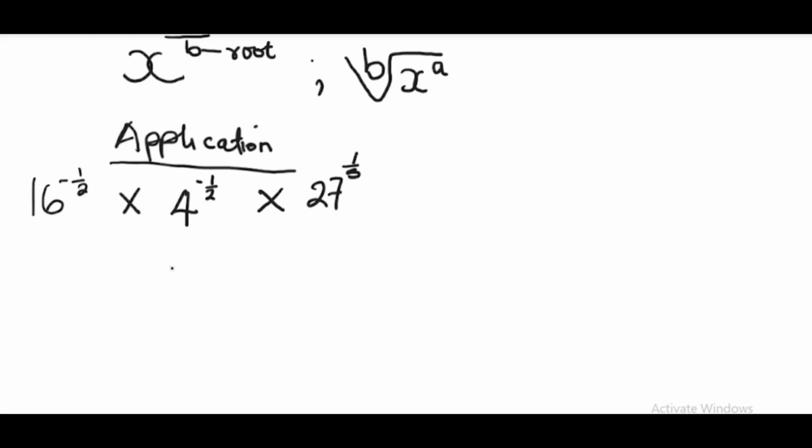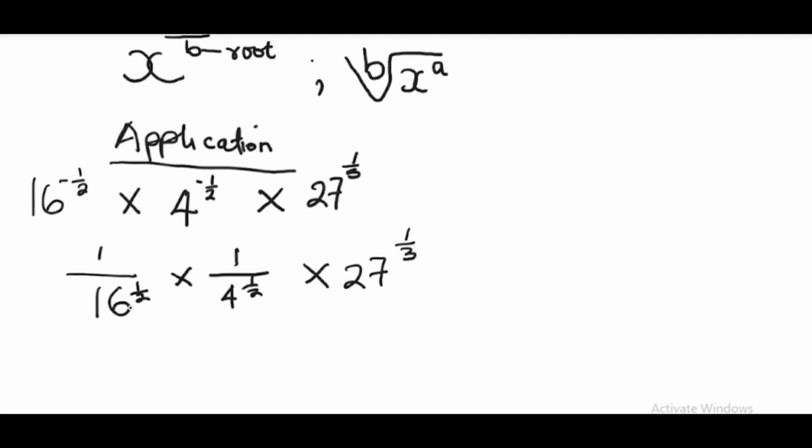So considering the law of negative index, the first term there becomes 1 over 16 raised to the power of half, times 1 over 4 raised to the power of half, times 27 raised to the power of 1 over 3.